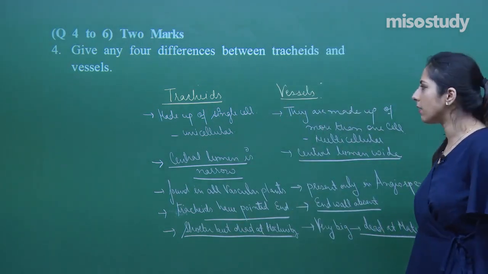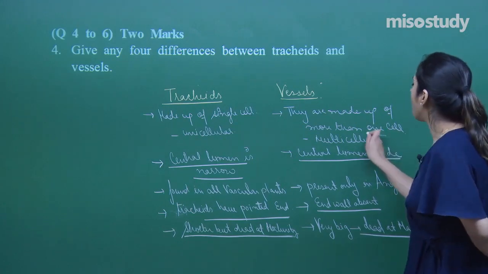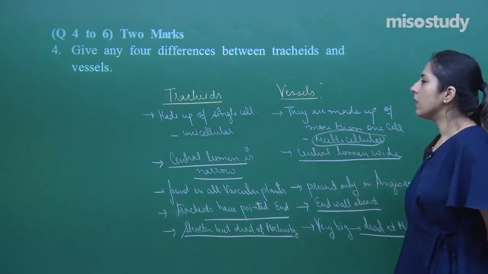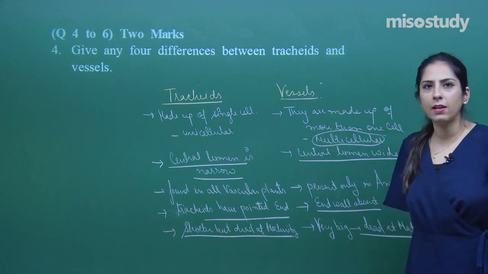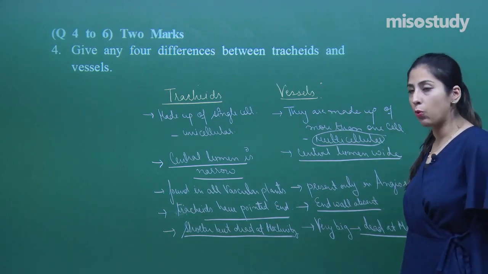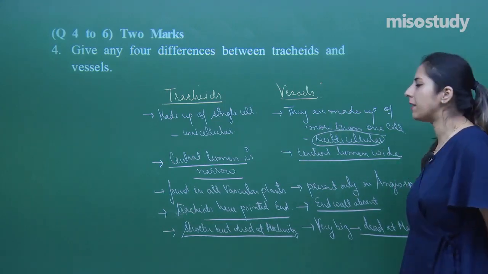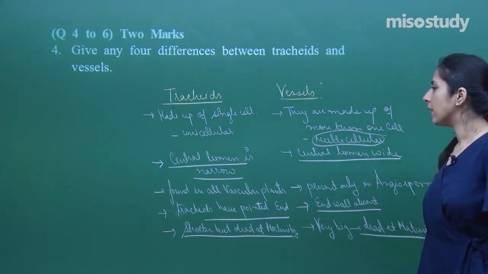Tracheid is a unicellular structure, whereas a vessel is a multicellular structure. In tracheids the central lumen is narrow, whereas in vessels the central lumen is wide.